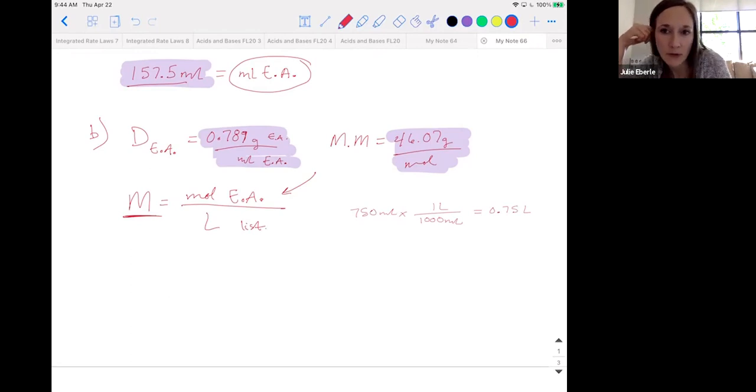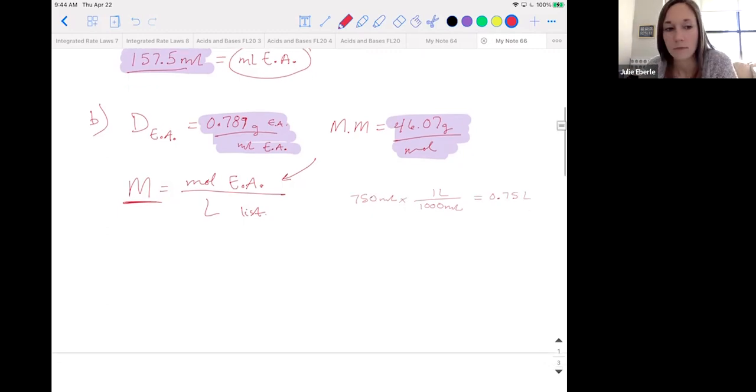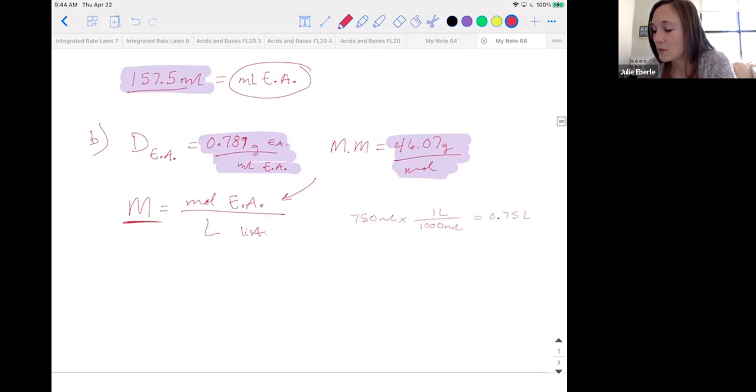What piece of information gives us grams? Do y'all see grams anywhere? Yeah, density and molar mass. So let's just cancel out grams and see what we get.